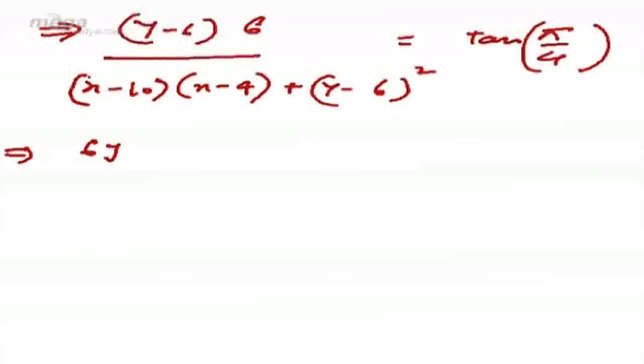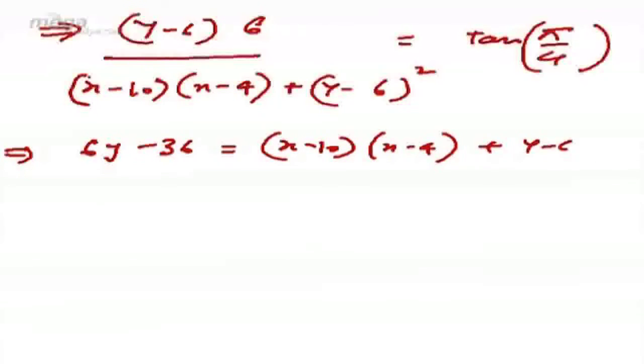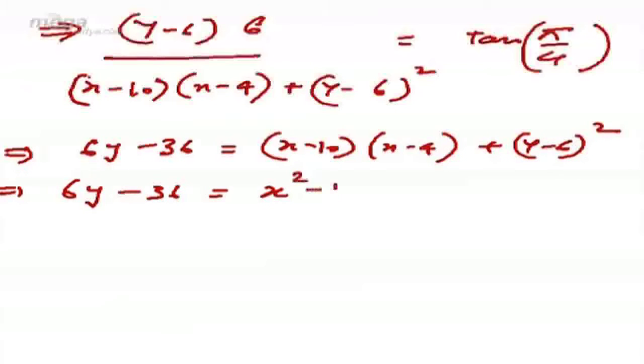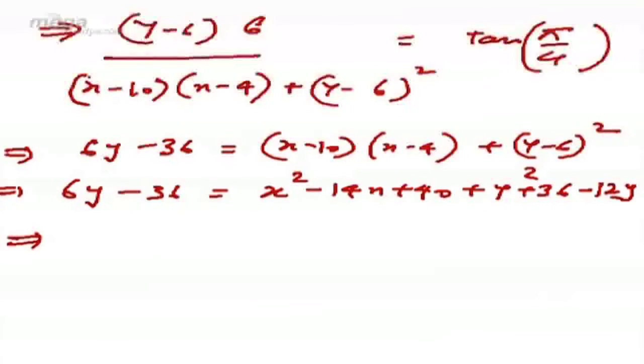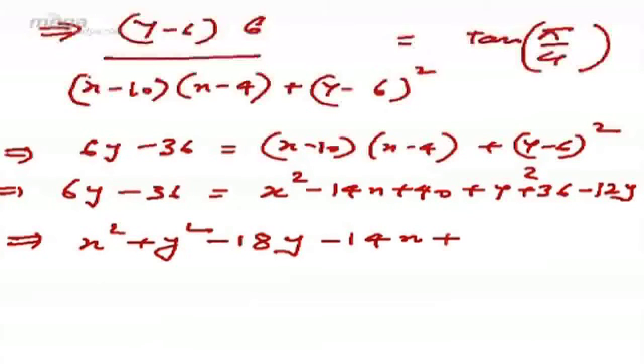So 6y minus 36 will be equal to (x minus 10) into (x minus 4) plus (y minus 6) to the power 2. That is 6y minus 36 is equal to x square minus 14x plus 40 plus y square plus 36 minus 12y. This is equal to x square plus y square minus 18y minus 14x plus 112 is equal to 0.